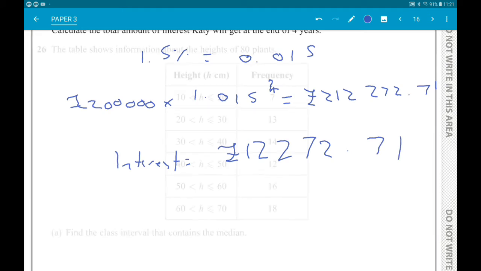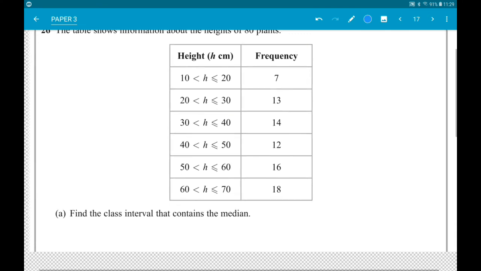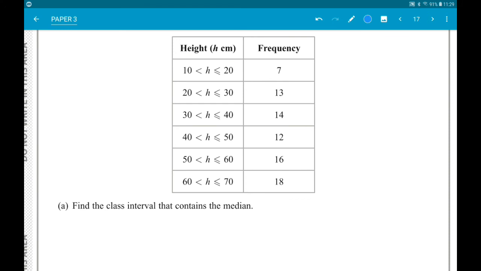Okay, number 26. The table shows information about the heights of 80 plants. Exciting stuff, as always. Part A. Find the interval which contains the median. So for that, we halve 80, which is 40. The reason we do that, the median is the middle.